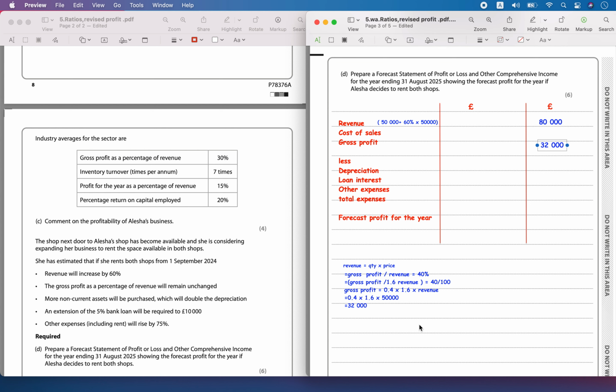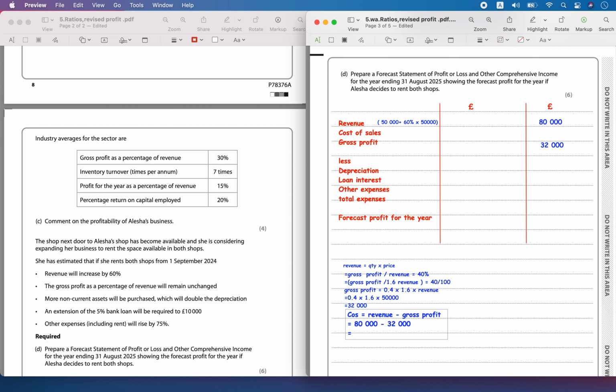Now from this we can calculate the cost of sales. So cost of sales, COS, is going to be equal to revenue minus gross profit, that is equal to 80,000 minus 32,000.